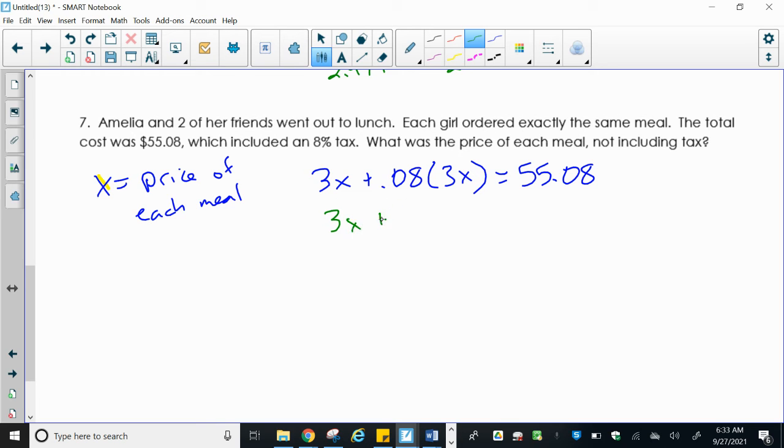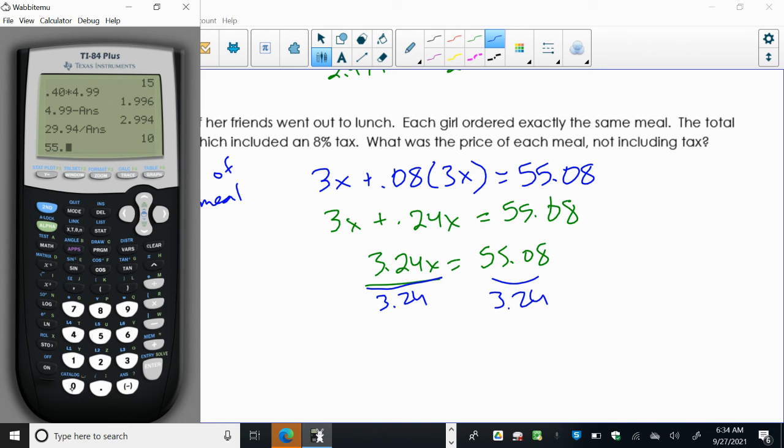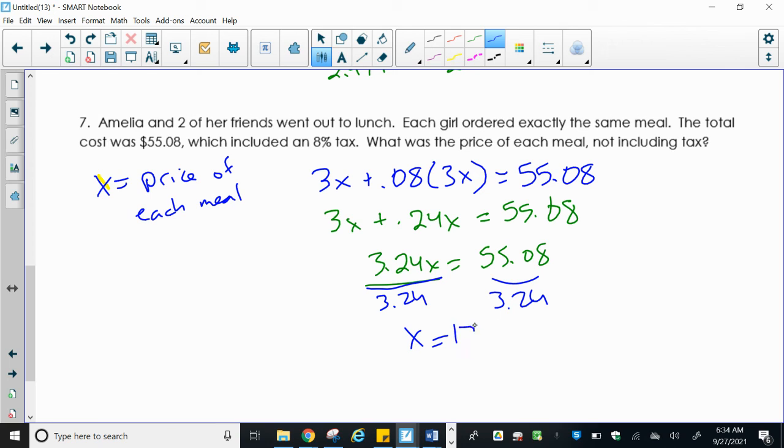So we have 3x plus 0.24x equals 55.08. We have 3.24x equals 55.08. Divided by 3.24, we get 17. So $17 per meal.